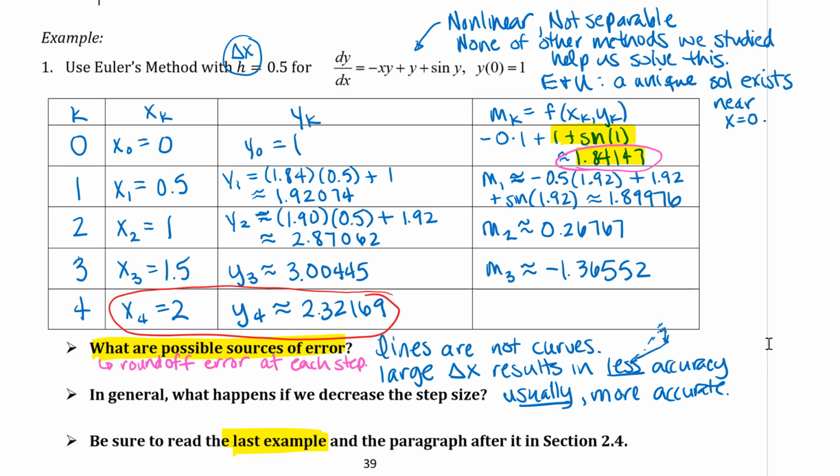One other issue too, in addition to round-off error at each step, because you're using those answers in one step to generate values in another step, you end up with what's called propagated round-off error. So you're using an imprecise value at one step and then using that to get another imprecise value. So that's basically using those imprecise answers to calculate more answers there.